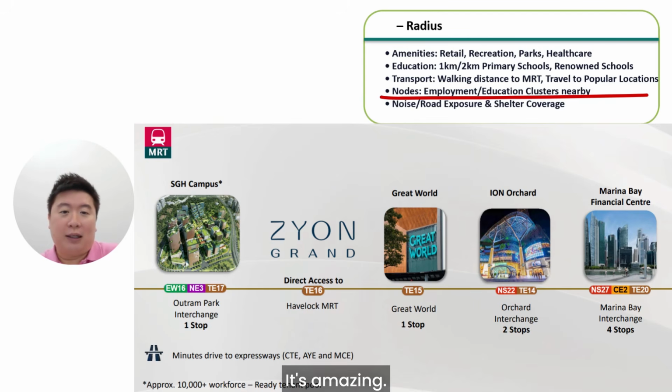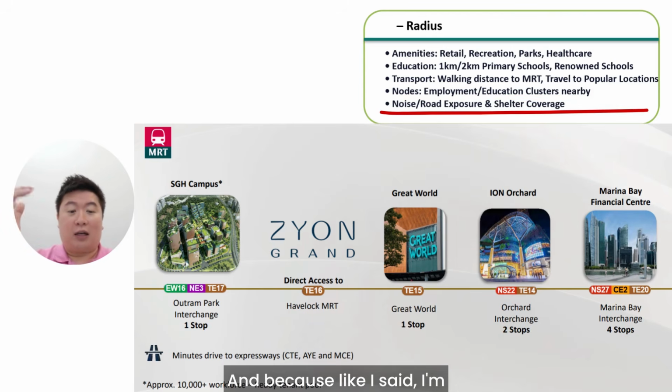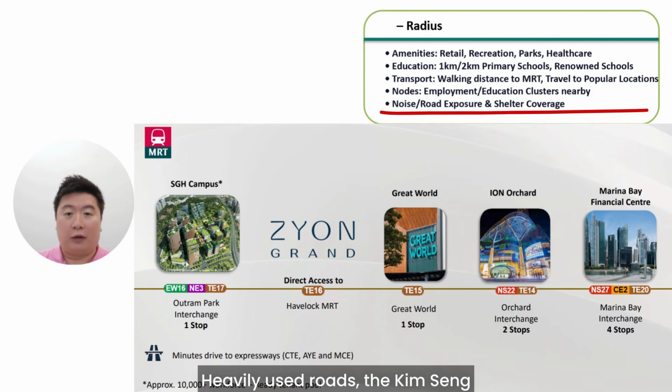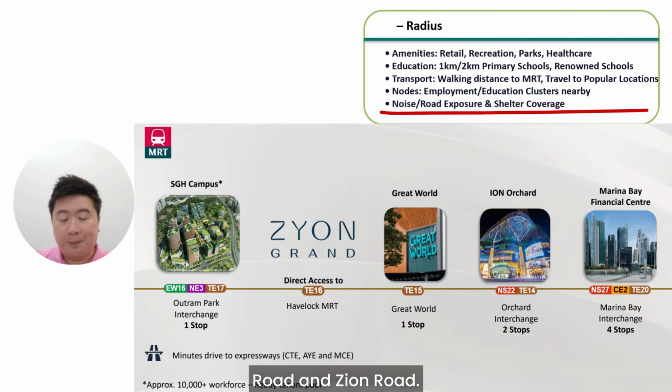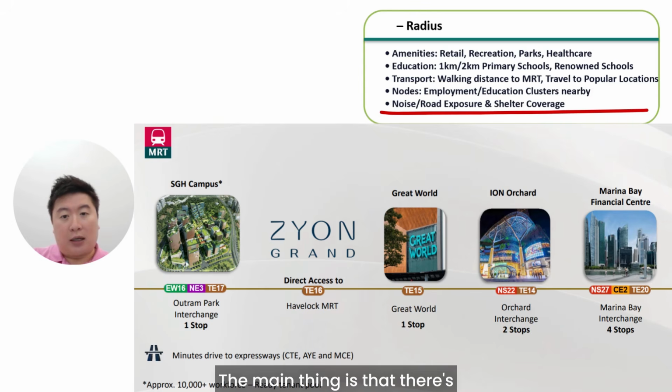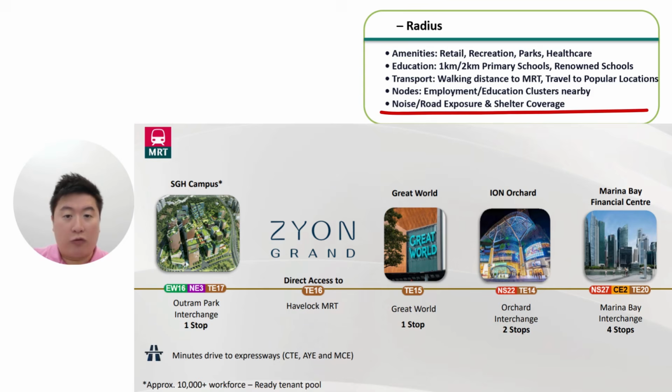It's amazing. And because like I said, I'm very familiar with this area, people will say that the road is very noisy because it's two heavy roads, the Kim Seng Road and Zion Road. But I actually think it's not that bad, based on my personal experience driving down these two roads. The main thing is that it's not a lot of heavy vehicles.